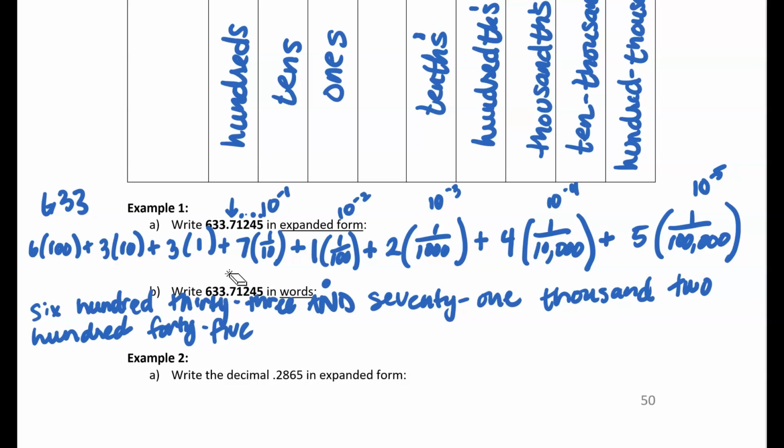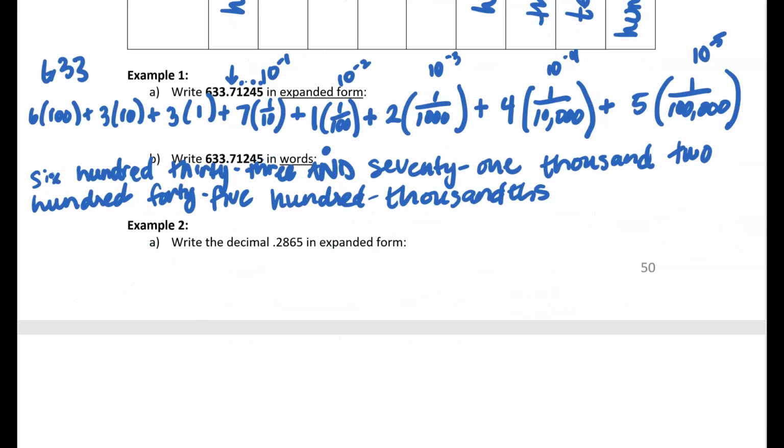Let's count the place values: tenths place, hundredths place, thousandths place, 10,000ths, 100,000ths. Whichever place value your number goes until, so this would be 100,000ths, that's what we're going to write down or say out loud. So it's going to be 71,245 100,000ths. That's definitely a mouthful.